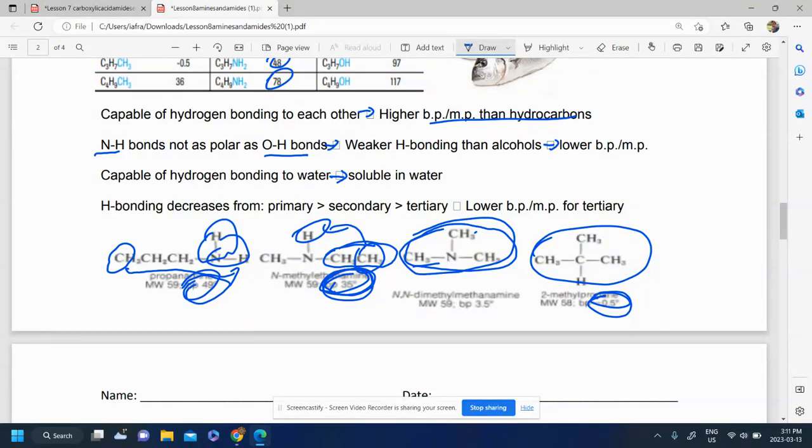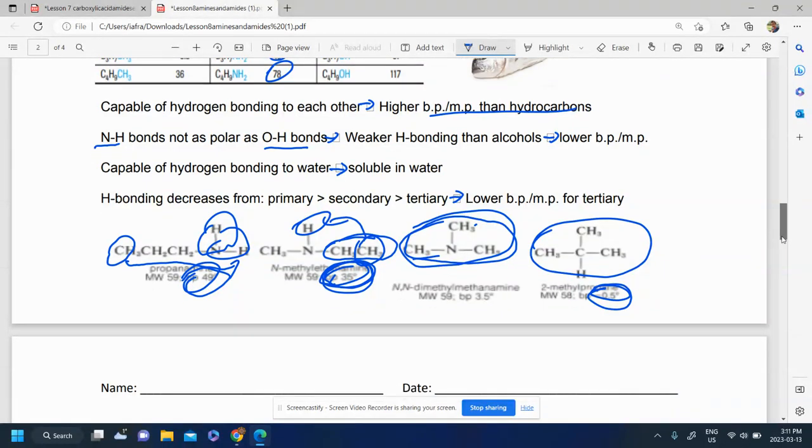So they were basically similar mass to each other. As a result, it's really not the LDF at fault here. It's more so the fact that we have primary, secondary, or tertiary with less hydrogen bonding. So tertiary has less hydrogen bonding than secondary or primary, which is why they have lower boiling points in general for those of comparable size.